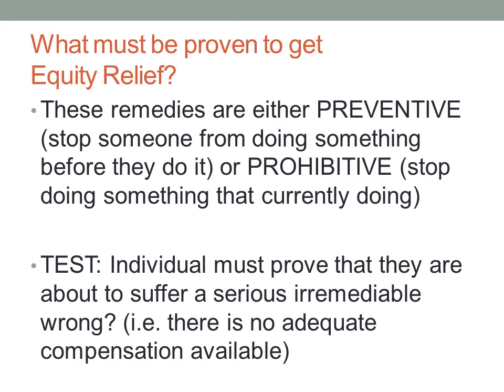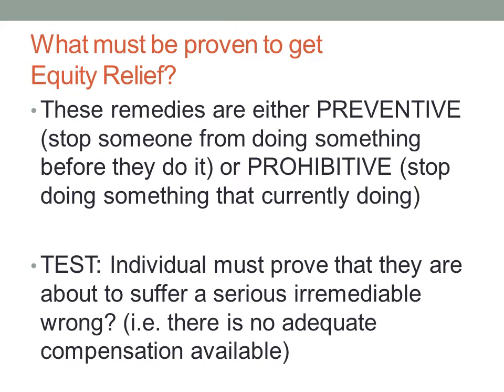So what I have to prove to get this is, and what I like to call these remedies, I'm either preventing something, I'm stopping someone from doing something before they do it, or I'm prohibiting. I'm stopping the doing of something that is currently happening. And that's what equity relief is about. Money isn't going to satisfy what I want to have happen.